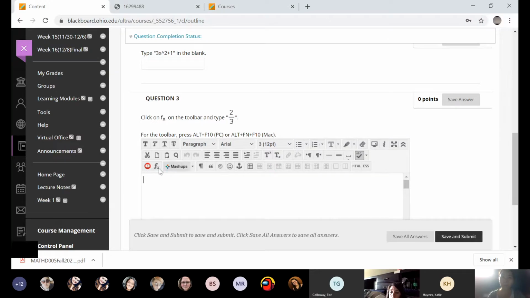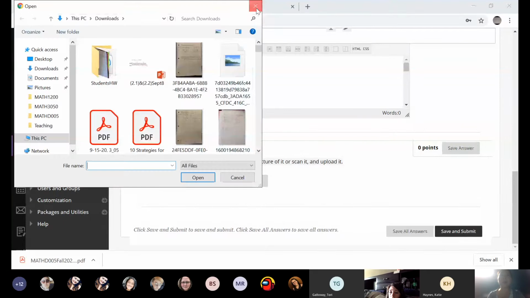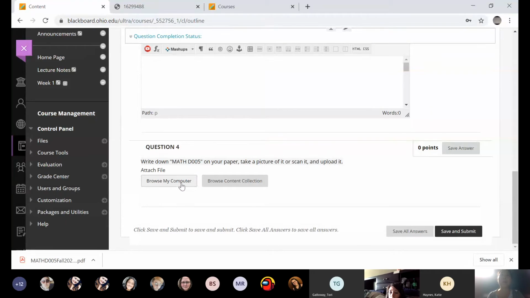But normally you would see a math window that gives you all the forms like fraction and square root. If you think that's too much, don't worry about it. Just leave all the questions blank, and as long as you attach all your pictures in the final question, that is what matters.